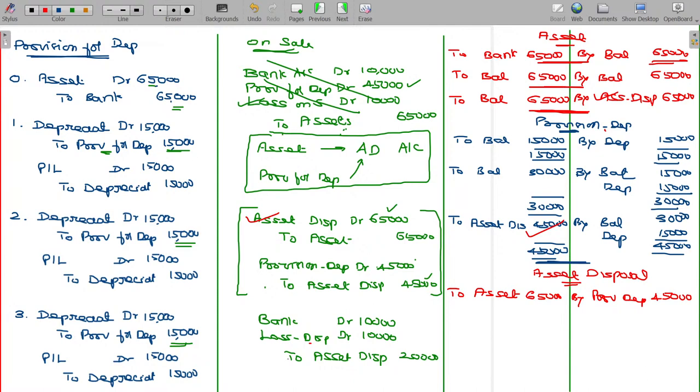Now this asset is sold, asset disposal by bank 10,000, and because of the disposal we have loss on disposal, value being 10,000. So finally the asset disposal account got tallied. Clear?